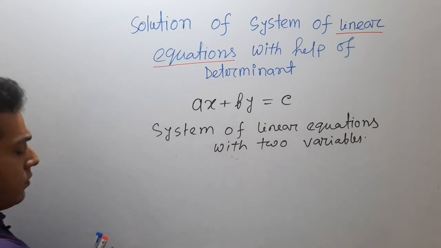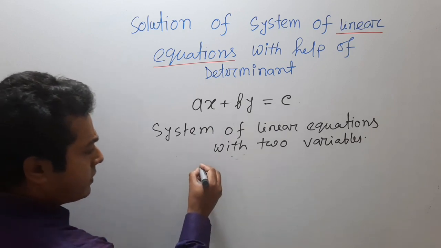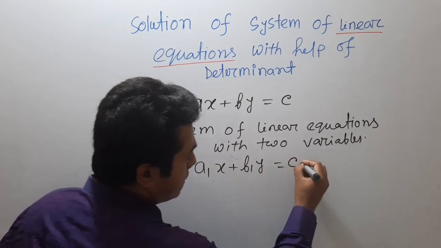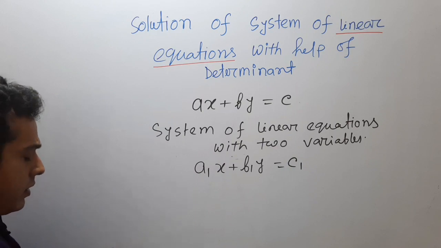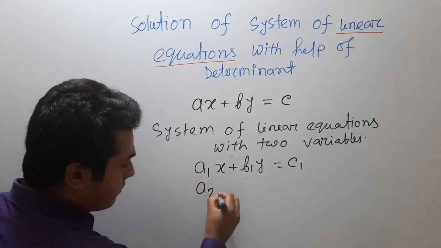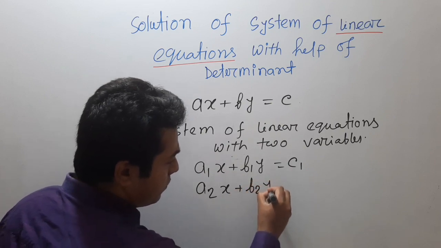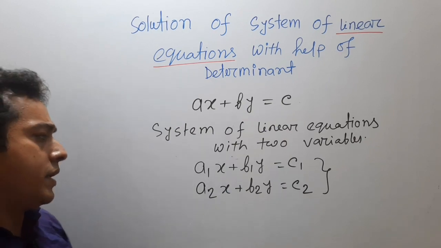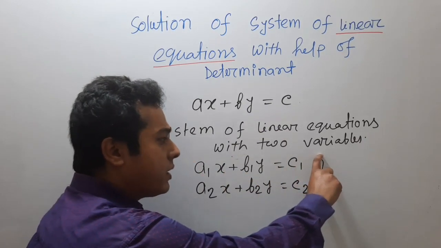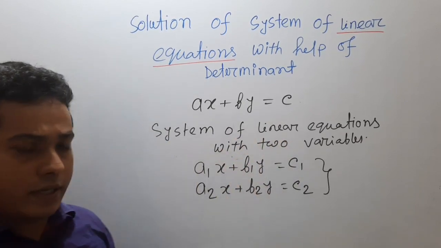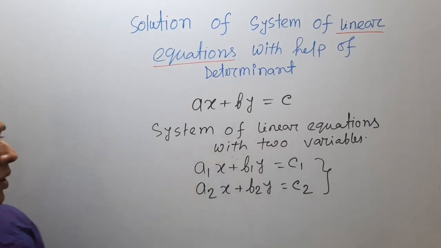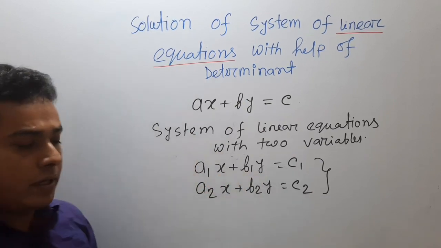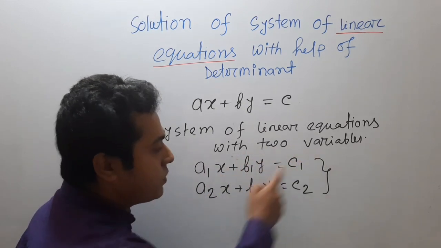Example is a1x plus b1y is equal to c1, and a2x plus b2y is equal to c2. Two equations for two variables, and this is called a system of linear equations. Here two equations are involved in this system, and both are linear equations with two variables, and this is called a system of linear equations with two variables.